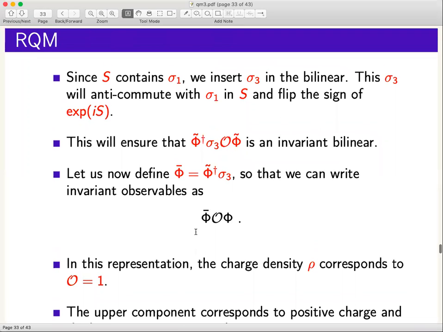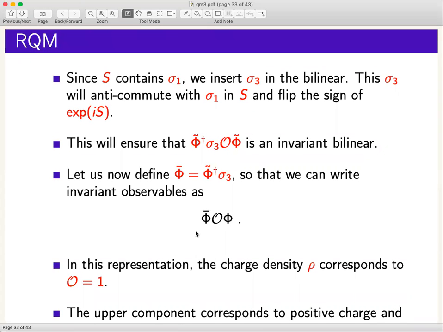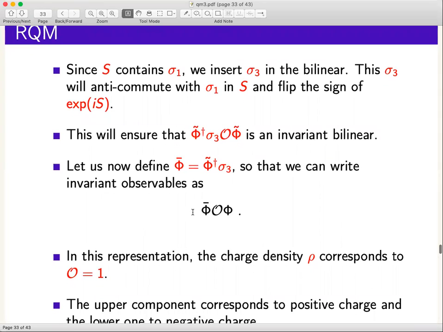But remember that this phi bar phi actually has a hidden sigma 3 sitting around there. Although when you write O equal to 1 it is not immediately visible, it just looks like phi bar phi.